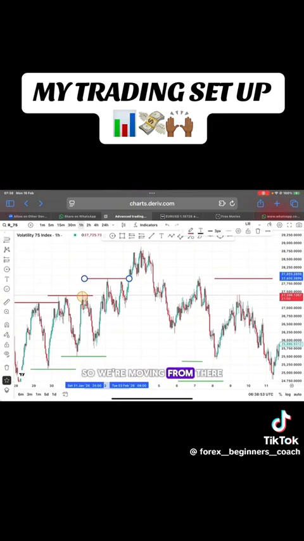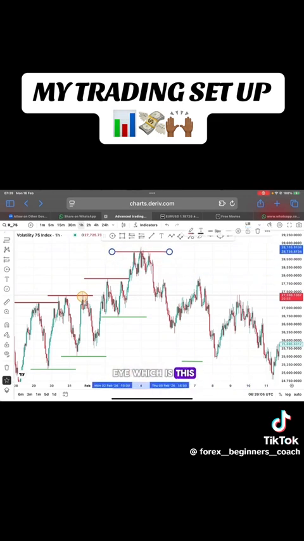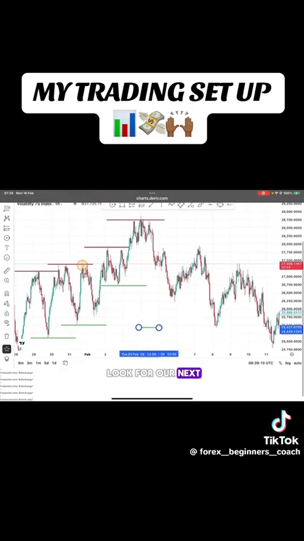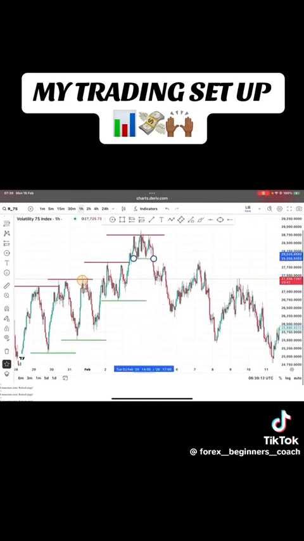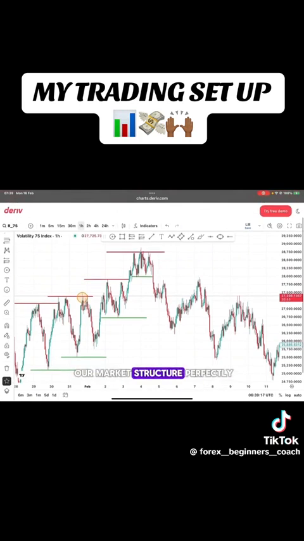So we're moving from there, and we're going to put from this high our next low. So from this next low, we have to look for the next high, which is this. And from this next high, we have to look for our next low, which is this. So now we've done our market structure perfectly, very clean, very smooth.